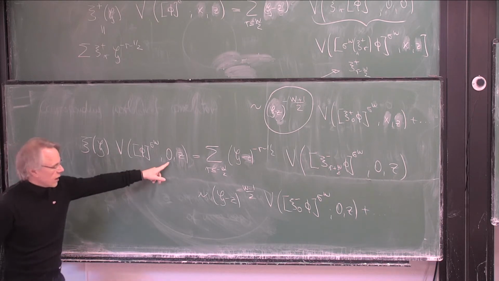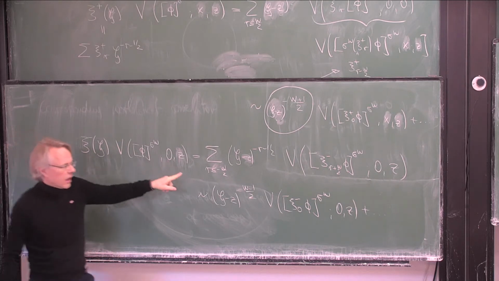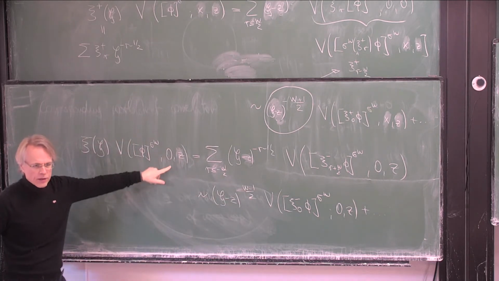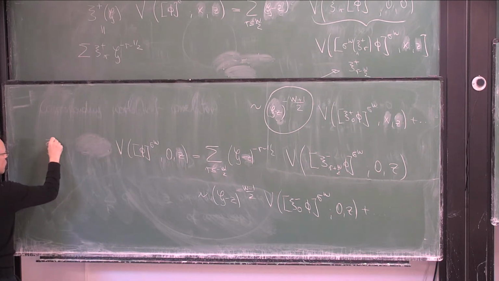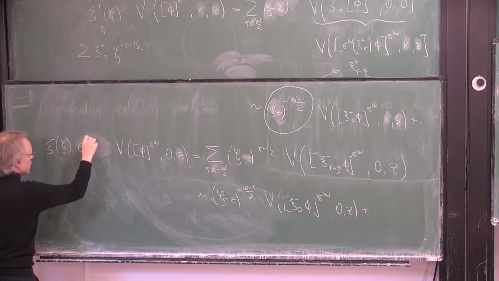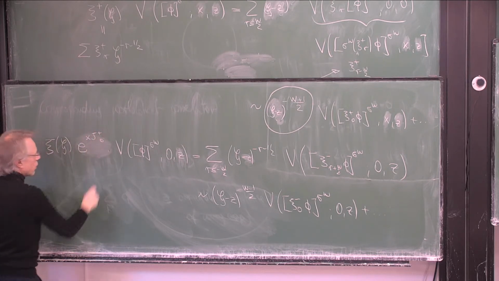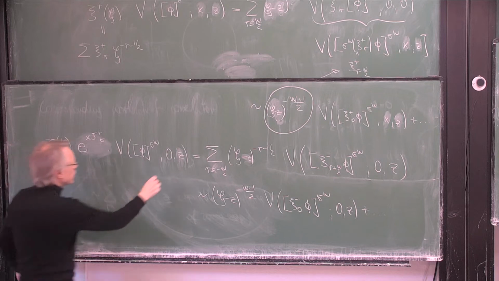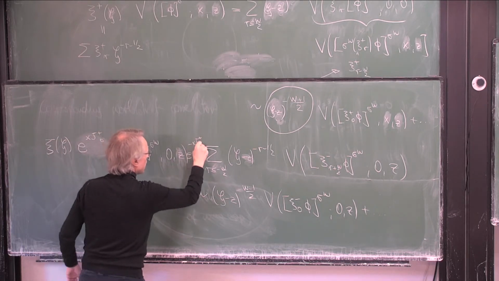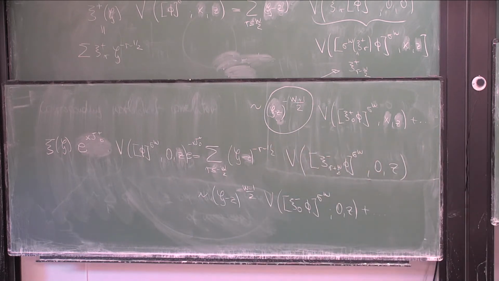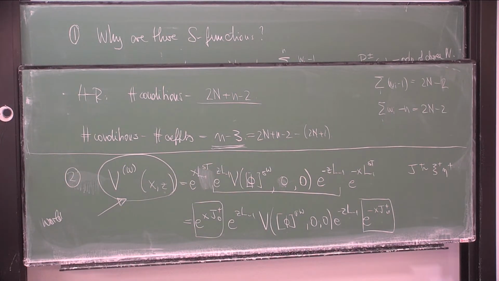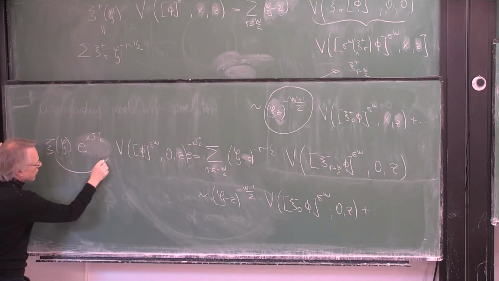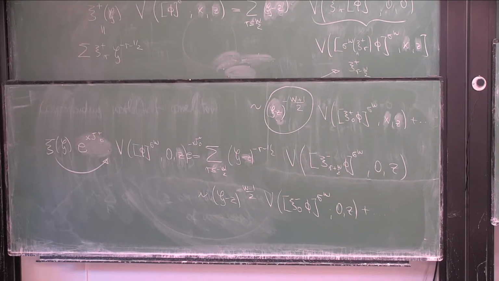So this is true if I evaluate it at x equal to 0. Now what happens if I evaluate it at x not equal to 0? You see, what this amounts to is that I have to put here an e to the x j plus 0, and I have to put the e to the minus x j plus 0 here, because the dependence on x is given by the translation operator, e to the x j plus 0 and e to the minus x j plus 0. But when you move psi minus past e to the x j plus 0, they don't commute.